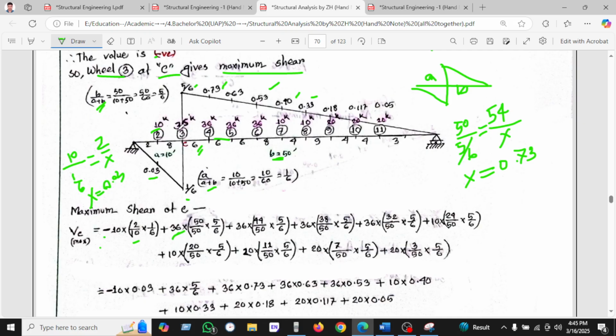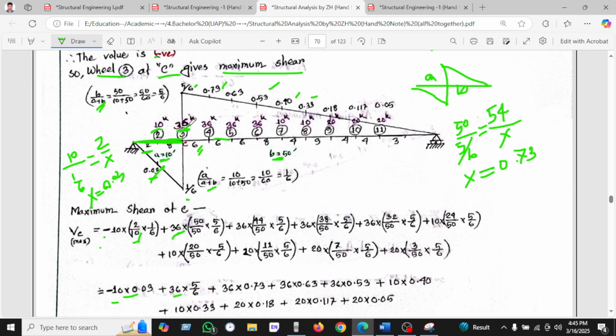This is the 36. 2 by 10 means this is the 2, and this is the length of 10, which is the length of A. 2 by 10 and 1 by 6 is a value, and we found 36. We can calculate here directly, which is 30 into 0.03.